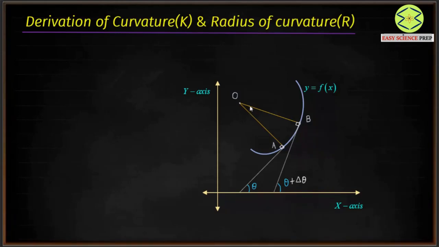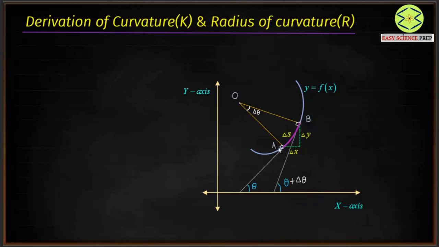By geometry we can easily show that at the point O the angle will be delta theta, which is the angle between the two tangents drawn at points A and B respectively.